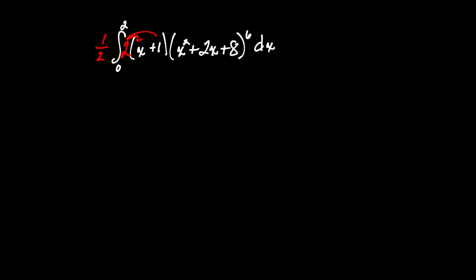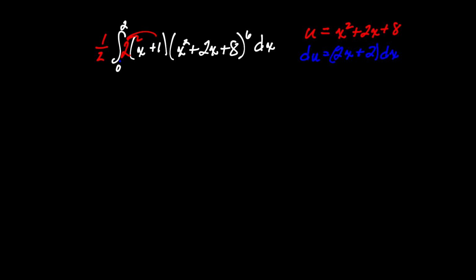So let's go ahead and define our variables. Let u equal the long one, x squared plus 2x plus 8, which would make du be 2x plus 2 dx.